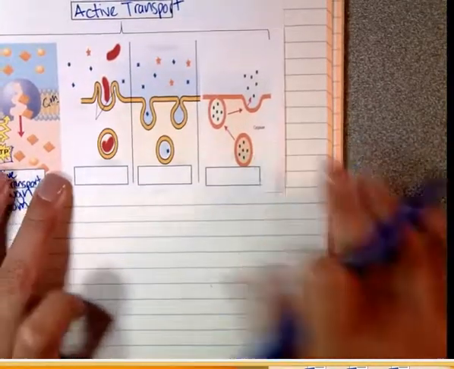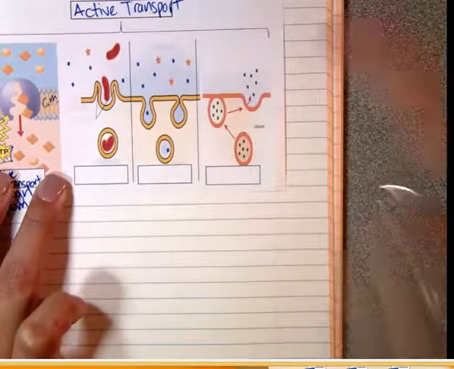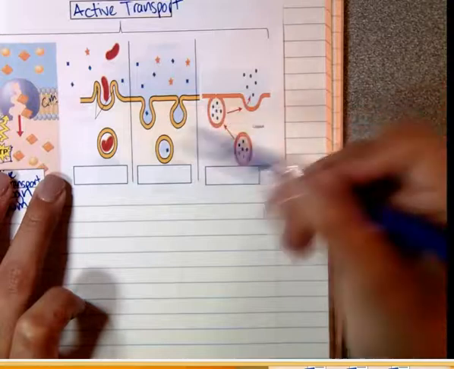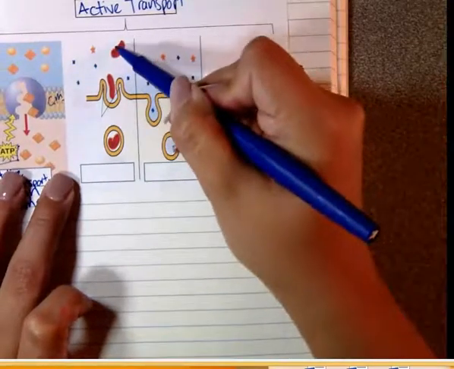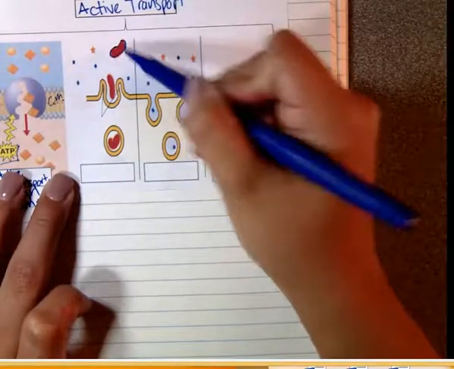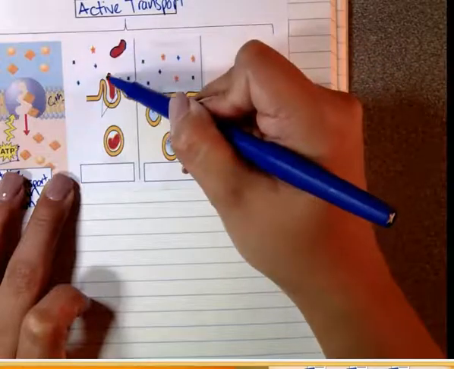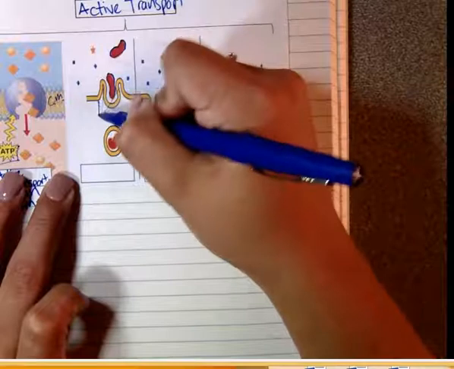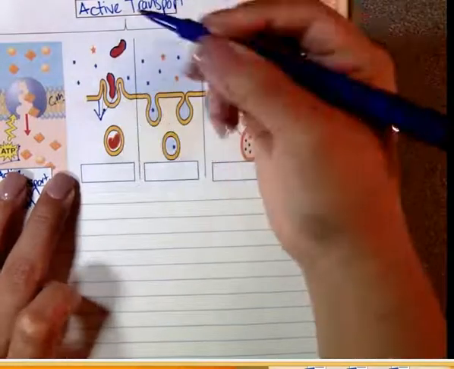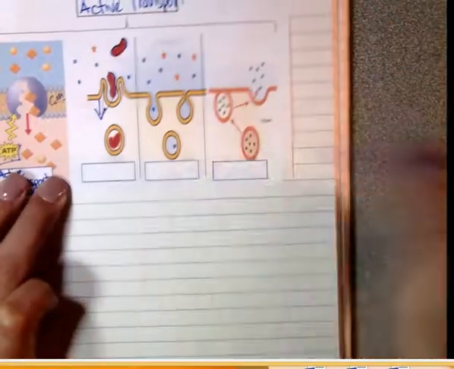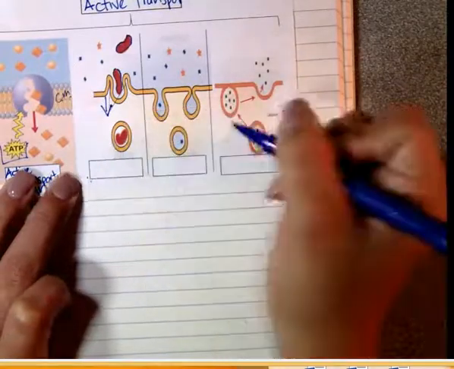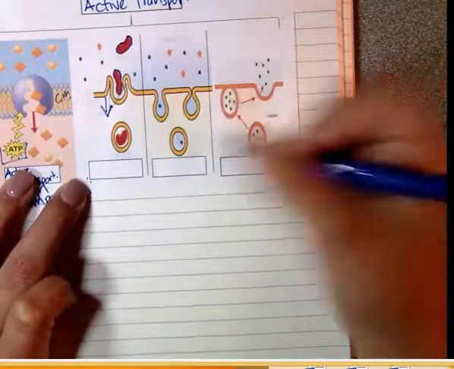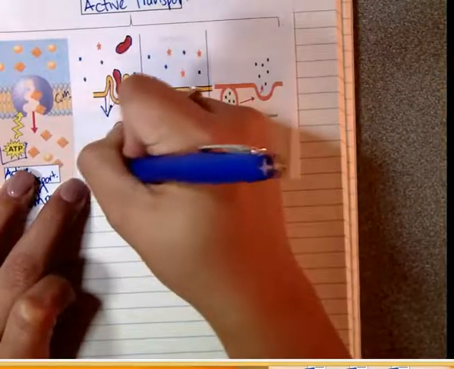You just have to pay attention to the direction the things are moving in and how big the stuff is. So this one, you have a pretty large thing, let's say this is a bacteria that is being brought into the cell. So this would be a form of endocytosis. And more specifically, because it is a large thing, this is going to be phagocytosis.